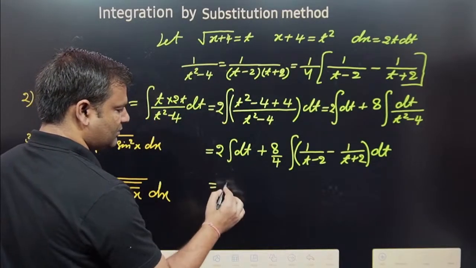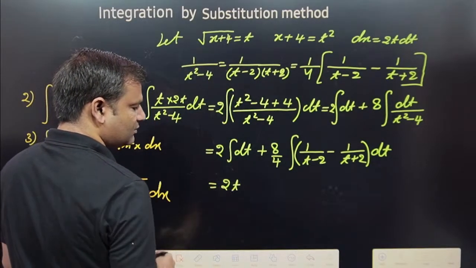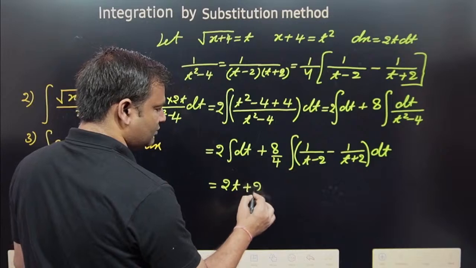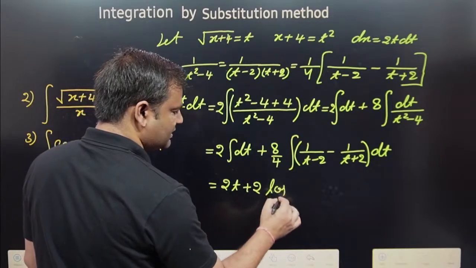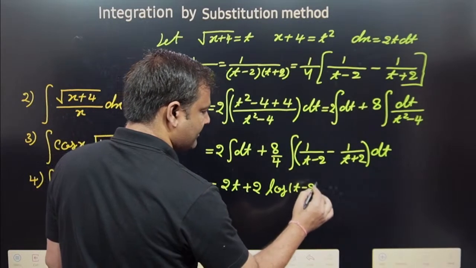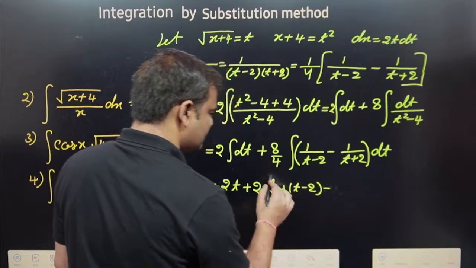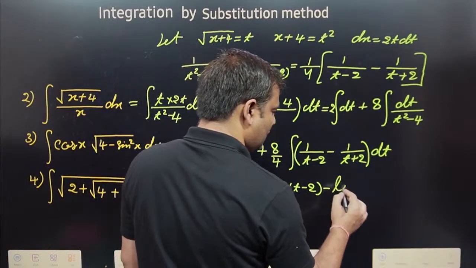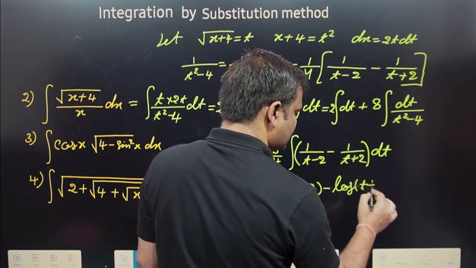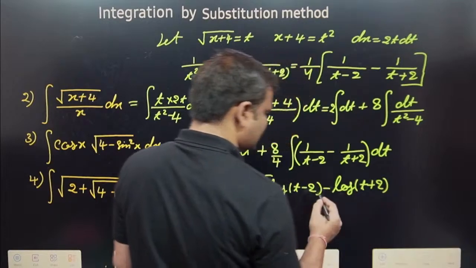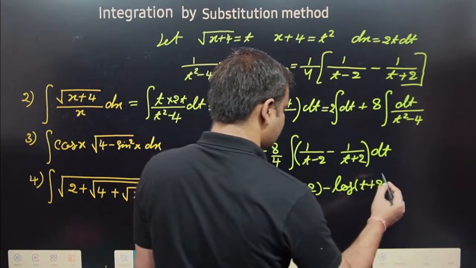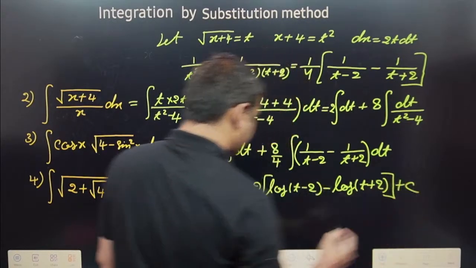Now what about that value? Here the integral of 2 dt is 2t, and here we get log of t minus 2 minus log of t plus 2 plus c.